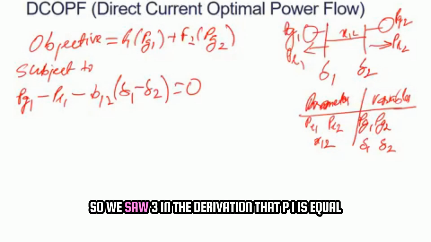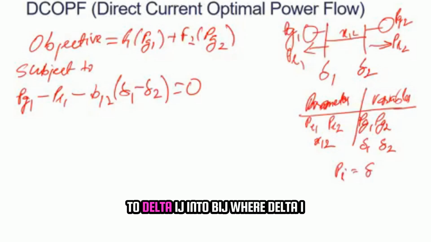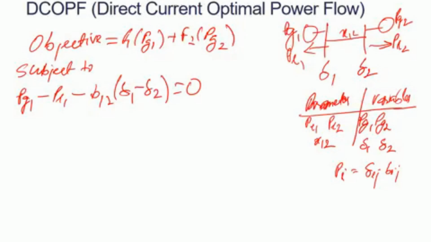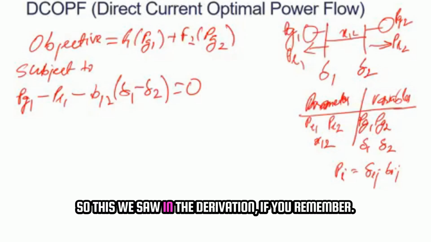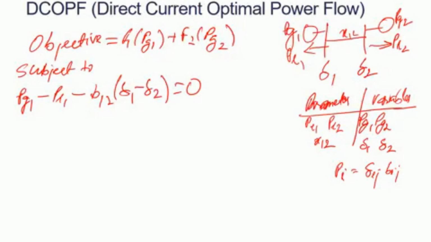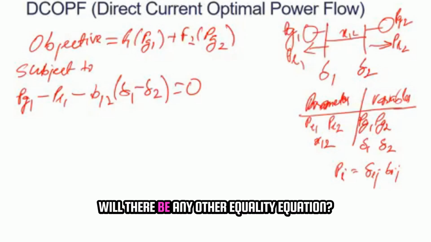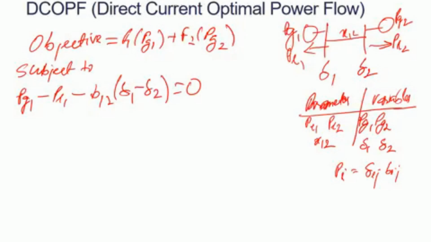We saw in the derivation that Pi is equal to the sum of Bij times delta ij, where delta ij is nothing but delta i minus delta j. This we saw in the derivation, if you remember. So this will be the equation. Will there be any other equality equation?